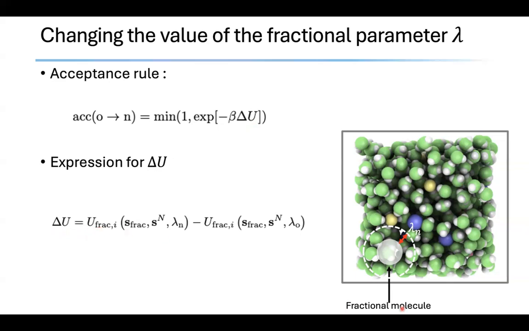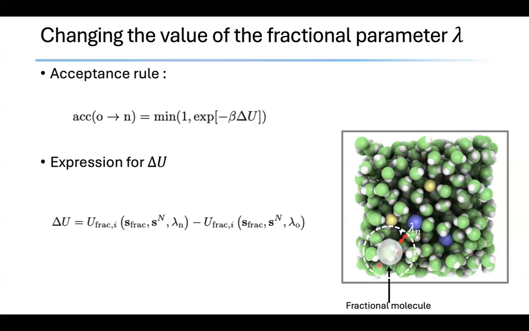And as you can imagine, if the value of lambda of the fractional molecule is increased, then it changes the strength of the interactions with the neighboring molecules, which then changes the overall state or the overall energy of the system.